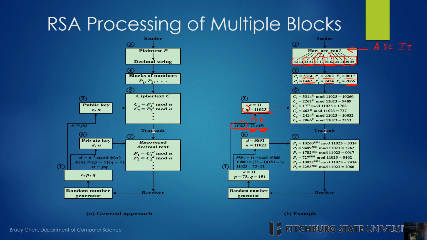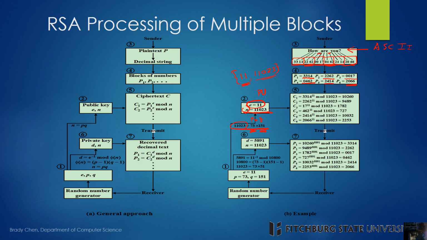Let's say for the n, we find the first key E. E is the public key, (11110323). This is actually the very important part, the first number.